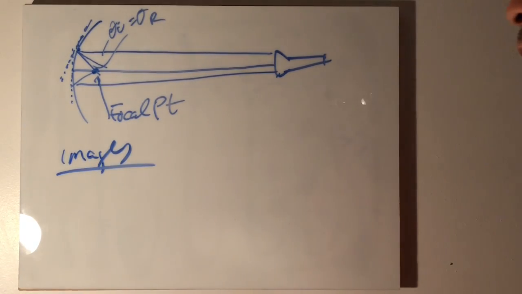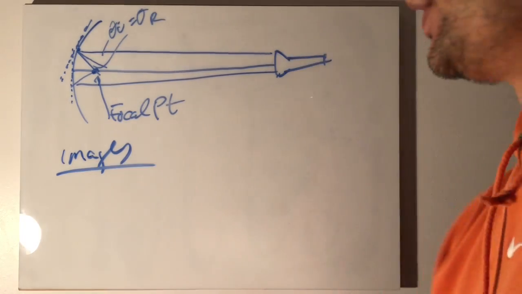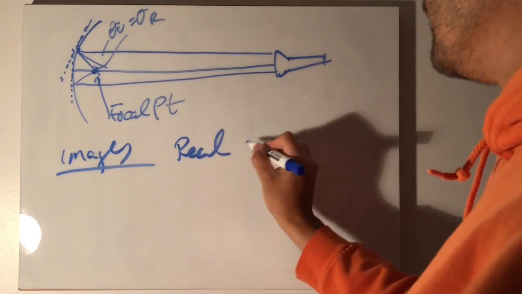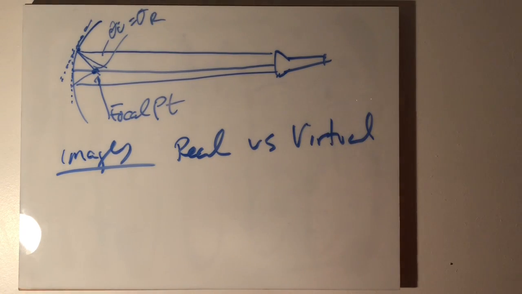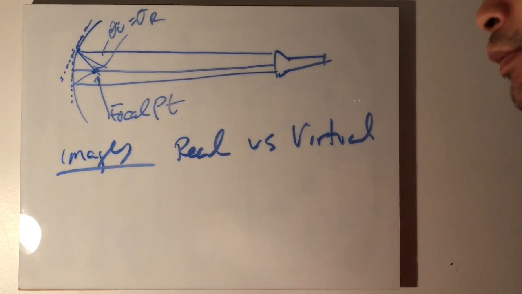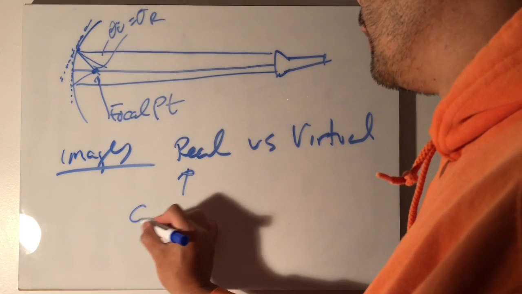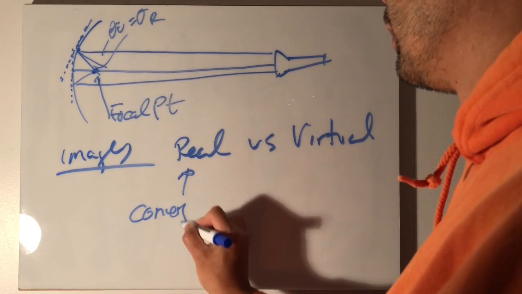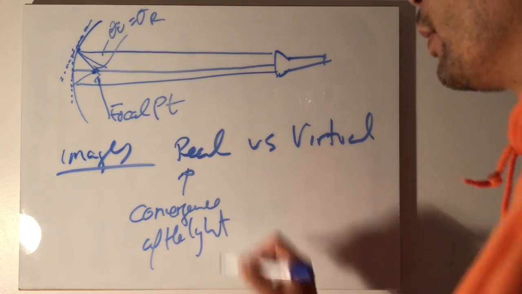Real and virtual images. When we're talking about images created by light, by projection, we have real versus virtual. A real image is the natural collection, the convergence of the light.